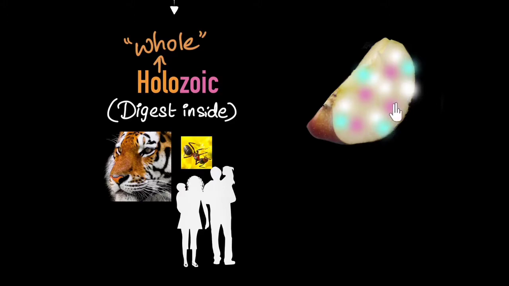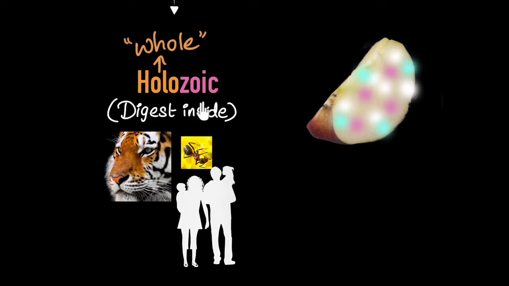Now when you eat this slice of apple, you take in all the constituents inside your mouth, right? That's the meaning of holo. You're eating this whole thing. And then once it goes into your body, your digestive system breaks it into its constituent particles, right? That's the whole idea behind Holozoic. These are the animals that digest their food inside their body.